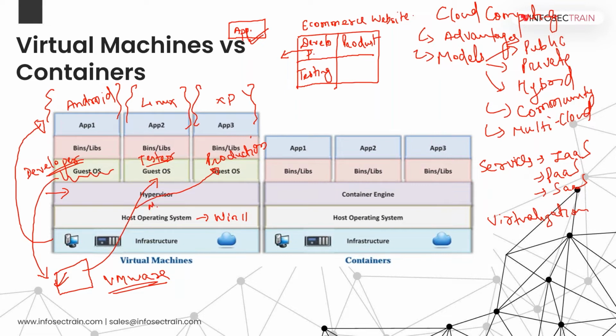On this machine it was not working, on this machine it was not working. So these two departments went back to the developers and said, see, whatever source code you have sent is not working on our system. At that time the developer said, on my machine it is working.